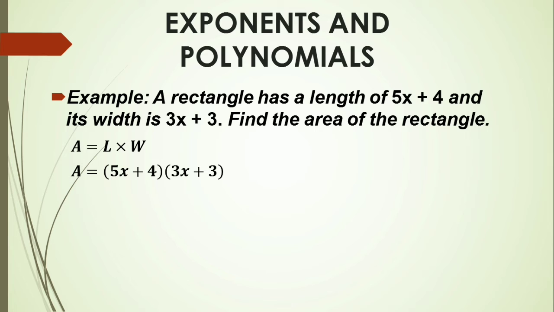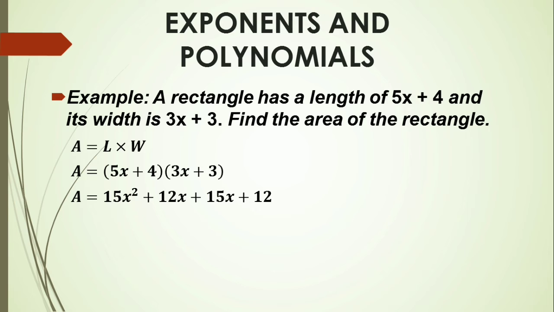5x multiplied by 3x is equal to 15x squared. 4 multiplied by 3x is equal to 12x. 5x multiplied by 3 is 15x, and lastly 4 multiplied by 3 is 12.